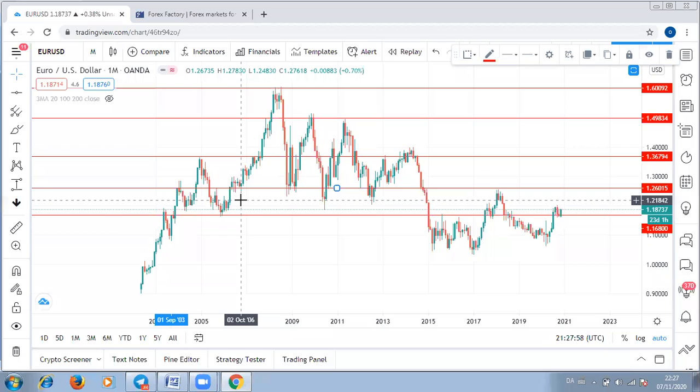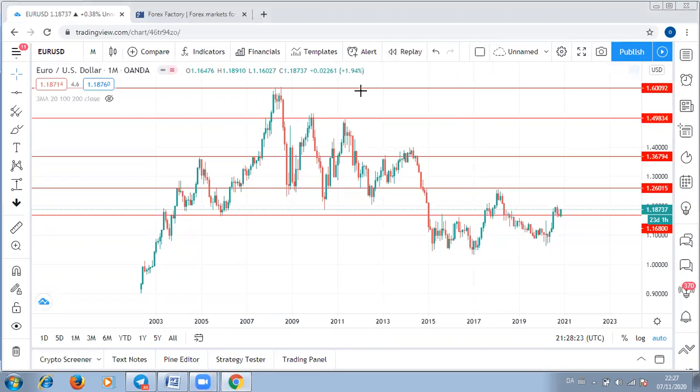It holds the price like a base, trying to prevent the prices from moving down lower.